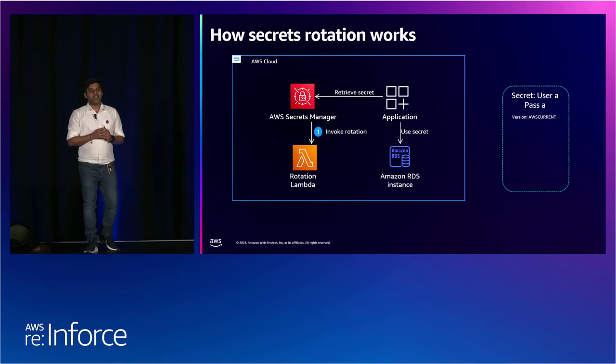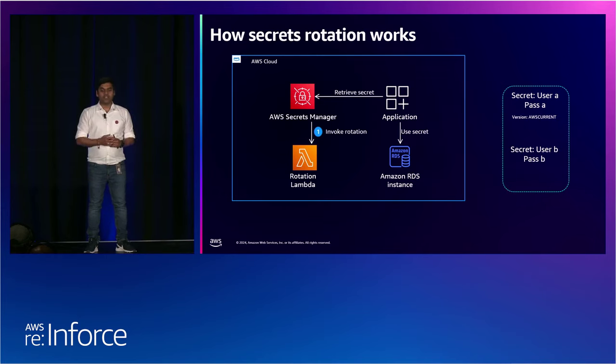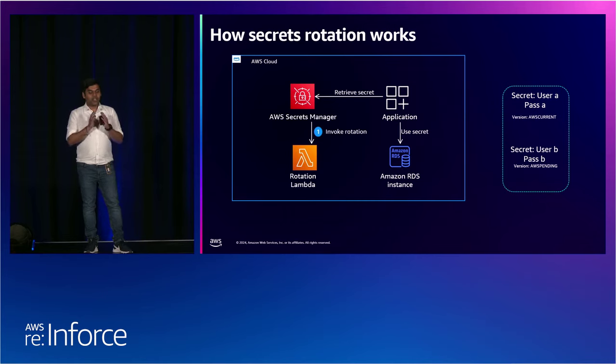Once invoked, this Lambda function then generates a new set of credentials for you, which is username B and password B. And notice that is marked with a version label as AWS pending. At this point of time, your application, when it fetches a secret from Secrets Manager, still gets user A and password A, which is AWS current. So even during the process of rotation, there is no downtime of your application.